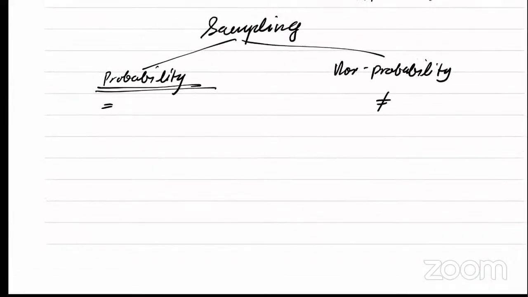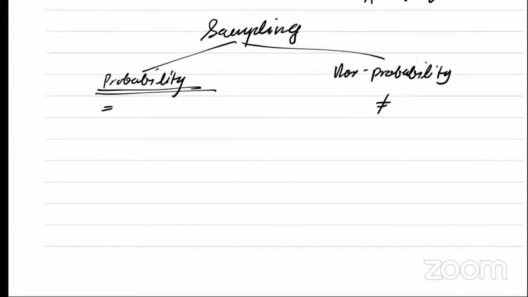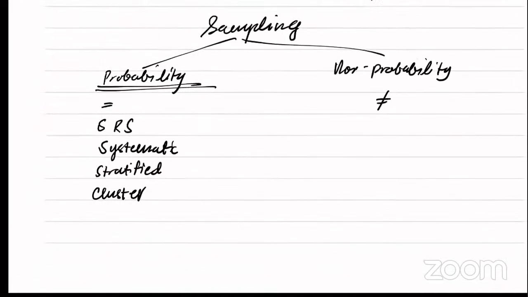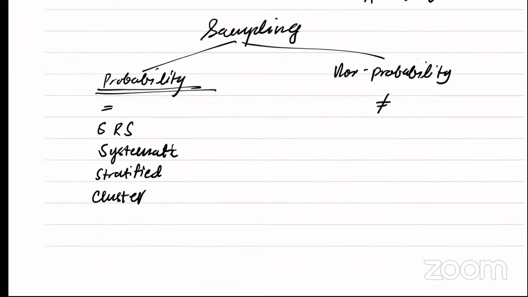Now, for probability sampling natin, we include your simple random sampling, systematic sampling, kasama din ng stratified, and of course, yung cluster sampling natin. Now, kapag sinabi po nating simple random sampling, this is also referred to as your fishbowl sampling.